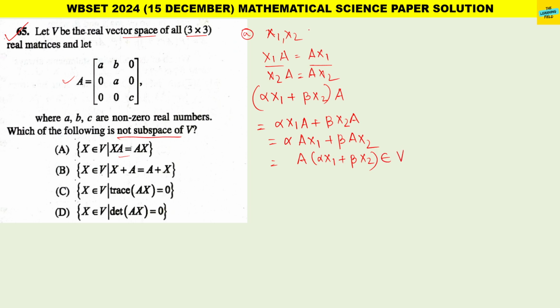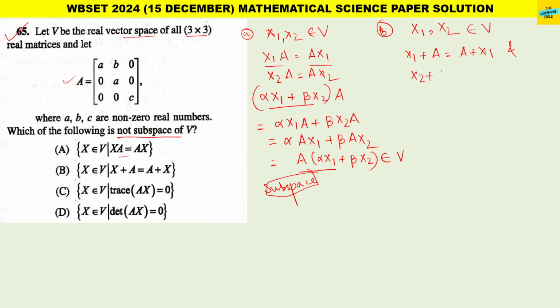That means this belongs to the vector space. So this is a subspace. Fine, no problem. Now option B, it says that x plus A equal to A plus x. Suppose x1 and x2, if we take any two vectors from the vector space V, then x1 plus A is equal to A plus x1 and x2 plus A is equal to A plus x2.